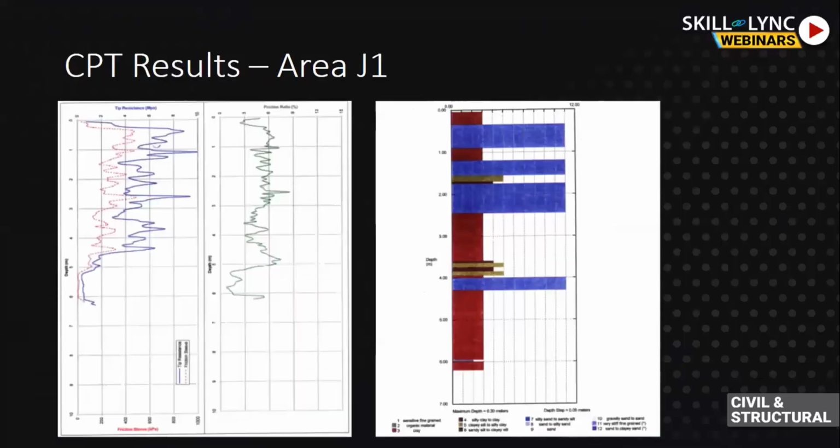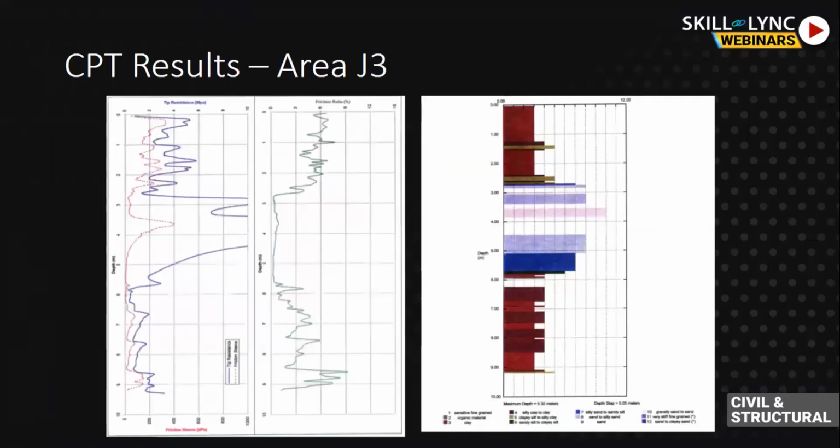So if you look, these were the CPT results of area J1, and if you can see, the resistance and the frictions and all these things look okay, and it was done with good compaction, and it turned out well in the study.